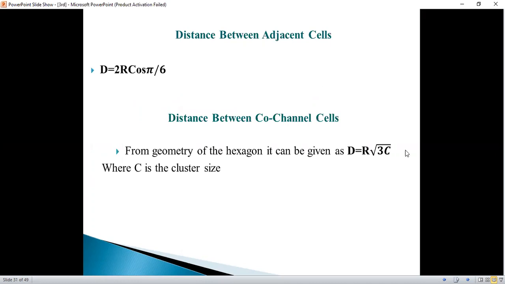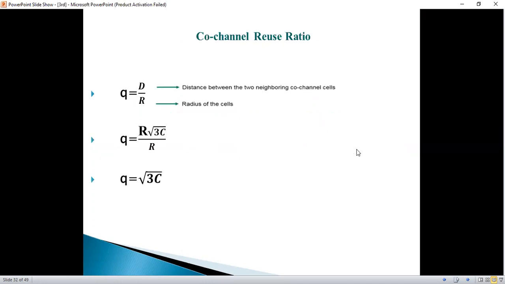This is the one we have just studied. And R is the radius of the cell. Again, when we put these things, R and R will be cancelled. The co-channel reuse ratio will be under root 3C. It is very simple, I think. You can understand it.